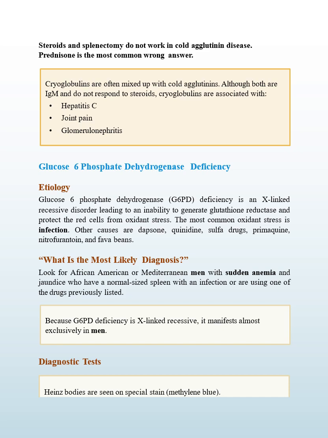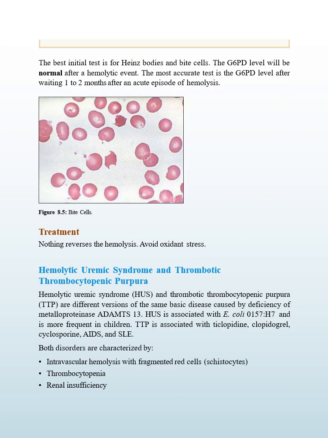Clinical tip here: because G6PD deficiency is X-linked recessive, it manifests almost exclusively in men. For the diagnosis, we'll see Heinz bodies on a special stain, which is methylene blue. Let's go to the next slide, slide 27.